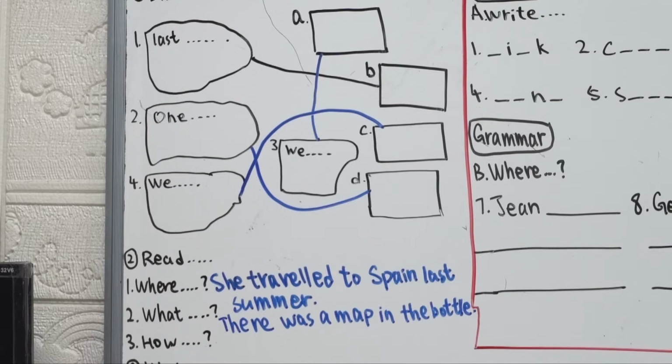Number 3, how long did Wendy and Manuel stay at the Pirate Cafe? Which picture tells you? Let's say which paper tells you? Number 4, right? It said that we stayed there for 2 hours.